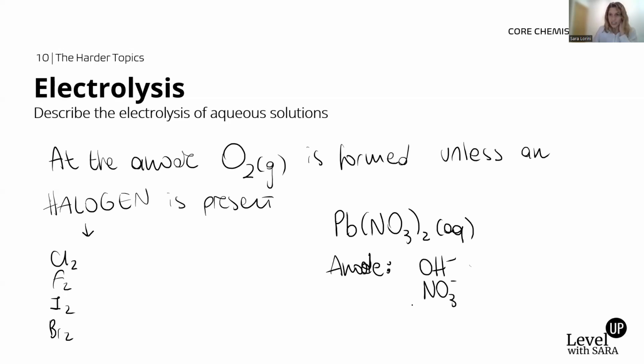Because a halogen is not present, it is oxygen that is formed. This will be the product. So as you can see, we need to apply these rules when we have aqueous solutions.